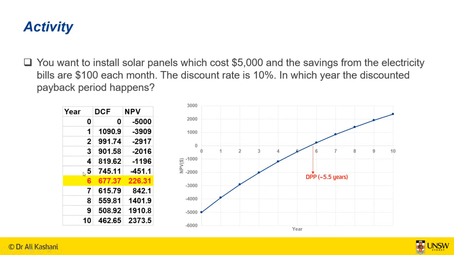Or you can use increments from 5 to 6 years, maybe 5.1, 5.2, and do the calculation to see exactly which year is giving you the net present value of 0, and that is going to be your discounted payback period. Okay, I hope it's clear. If you have any questions, please let me know, and if you want me to explain it again.